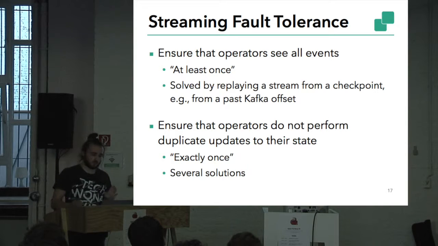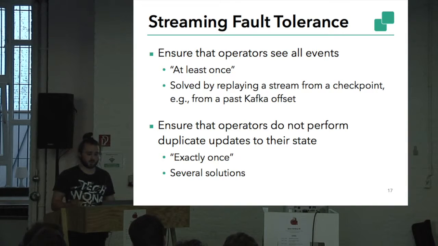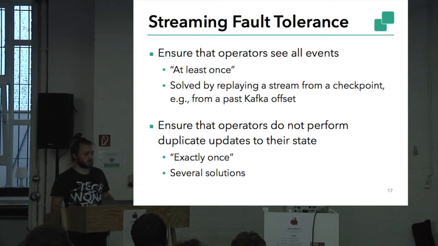So there you want to have the property that every element that your system receives should at least be processed in your topology once, but it can happen several times. So if you don't care, or if your operation is idempotent or something, then you only need at least once, and this is easier to do than more costly fault tolerance principles. But this is one way of doing it.